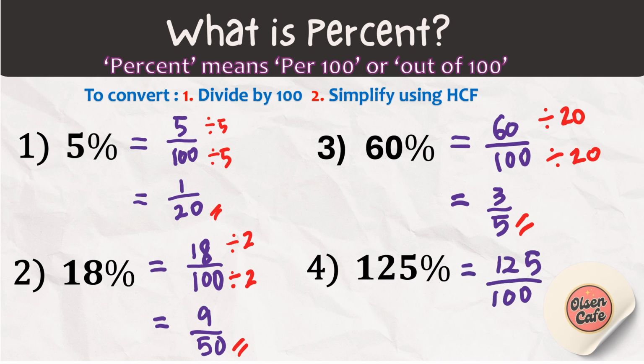So we are going to take 125 divided by 100, and I'm going to simplify using highest common factor, which is divided by 25 over here. And then the same for 100, I divide by 25. So to simplify this, what I will get is actually an improper fraction, 5 over 4. You can always simplify further to let it become 1 and 1/4, but it is fine to leave it as 5 out of 4.